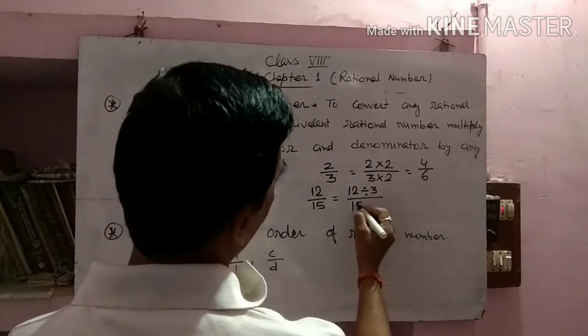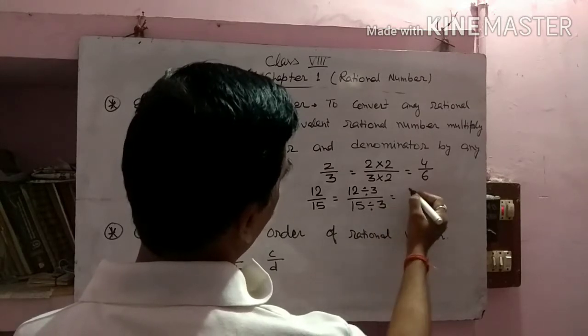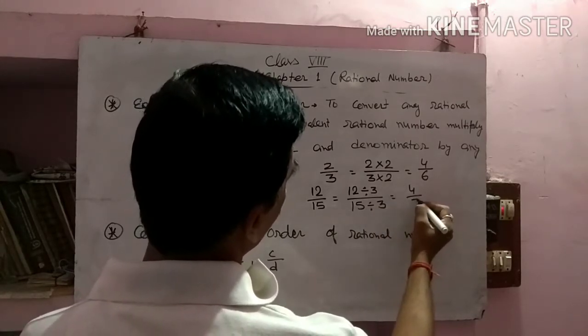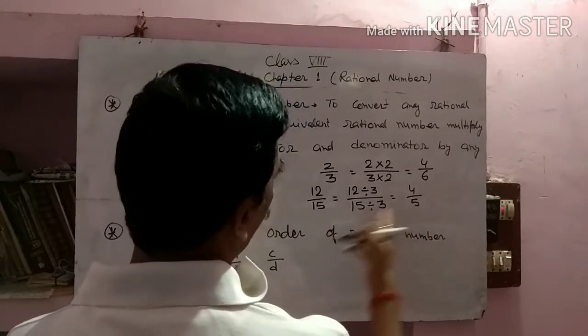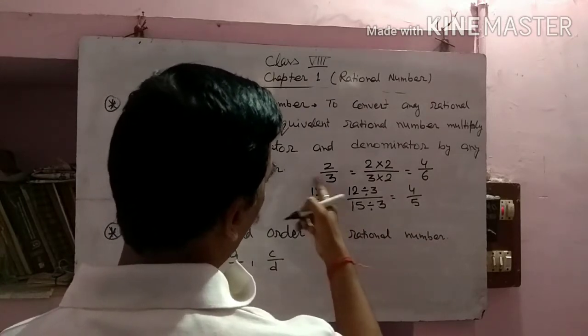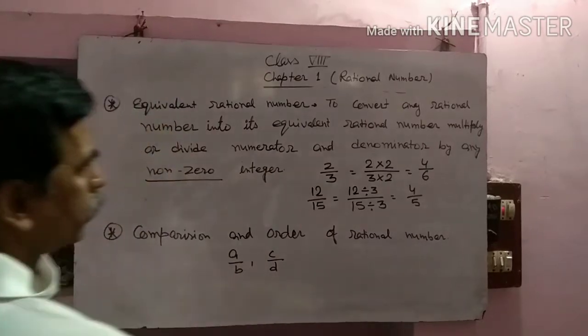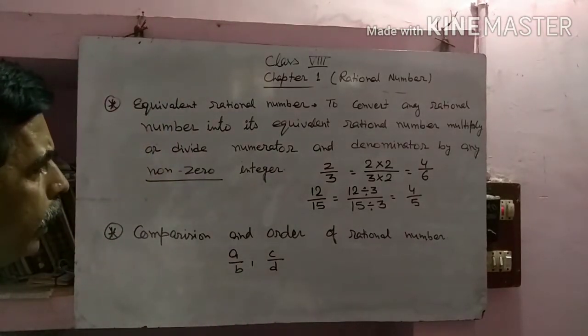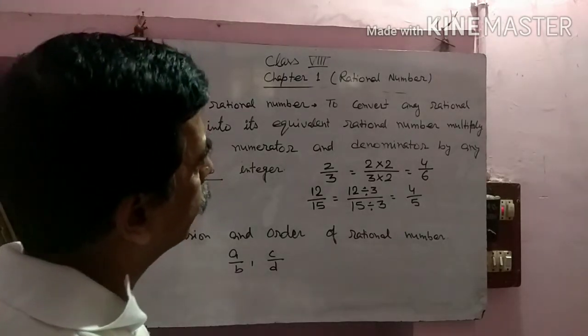So 12 divided by 3 and 15 divided by 3, what will we get? 4 by 5. So 4 by 5 is the equivalent rational number of 12 by 15. You can solve it this way to get the equivalent rational number of any given rational number.